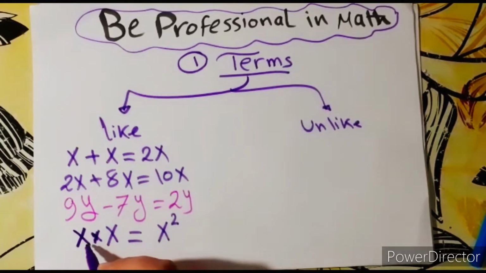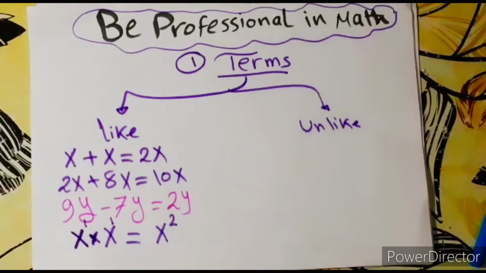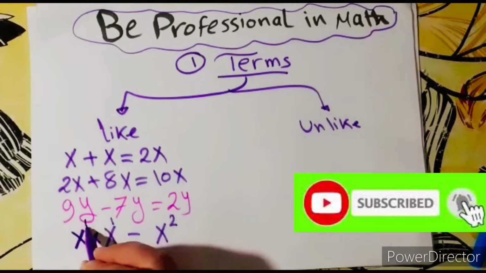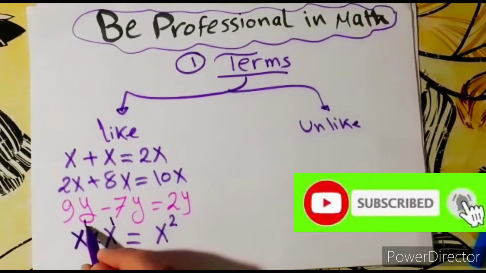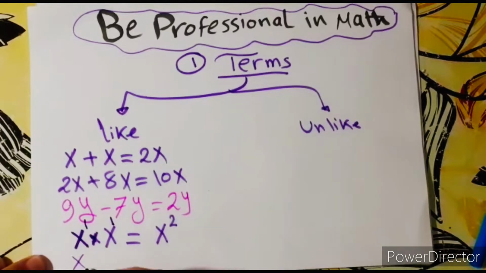Because when we multiply x by x, we add the two powers of these terms, because the power of x is 1 and here 1 plus 1 equals 2. How can we divide x by x? x divided by x equals 1, because x divided by itself equals 1.